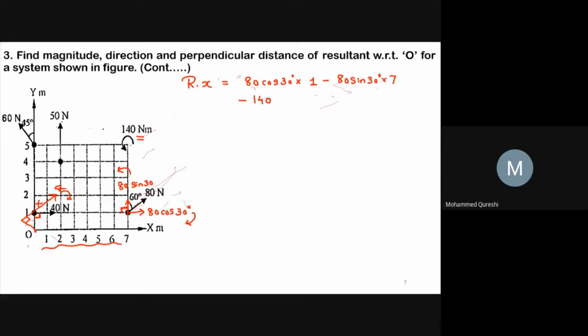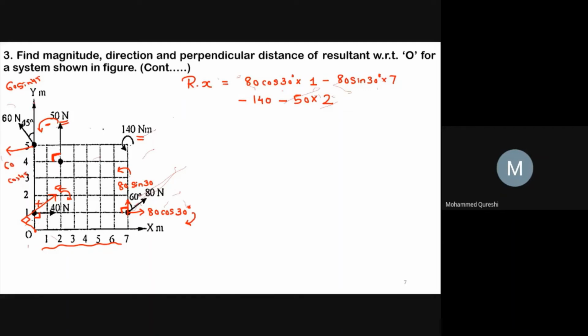Then 50. This 50 Newton force will move in the anti-clockwise direction, hence it will be minus. So minus 50 into the perpendicular distance from the point, which will be 1 and 2, so the distance will be 2 meters. Then the 60 Newton force has two components, 60 sin 45 and 60 cos 45.